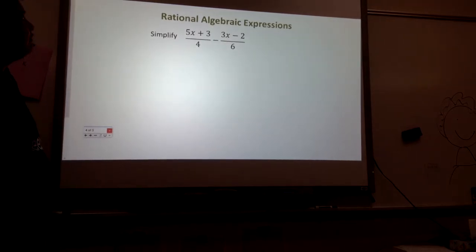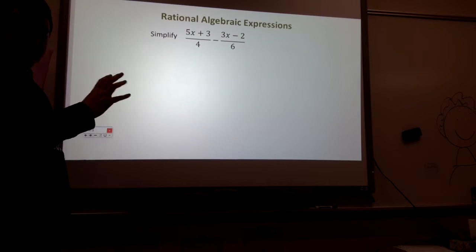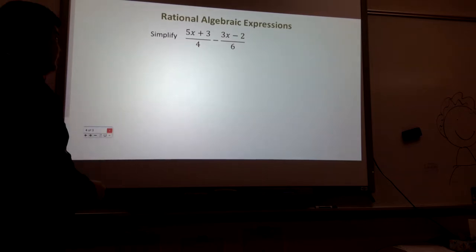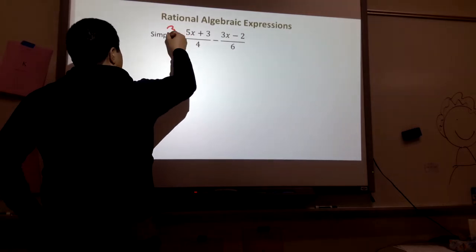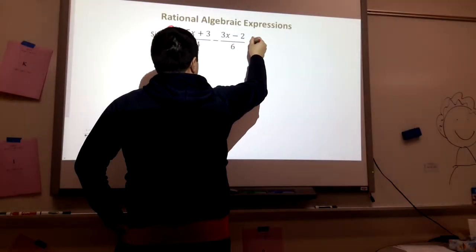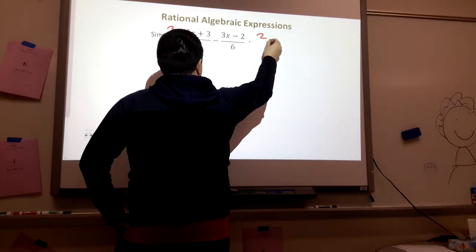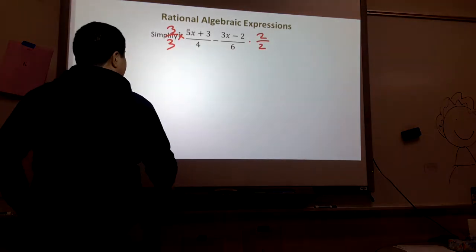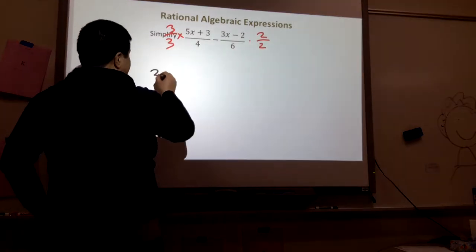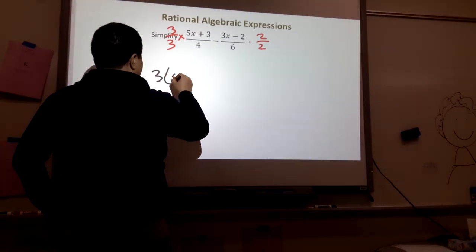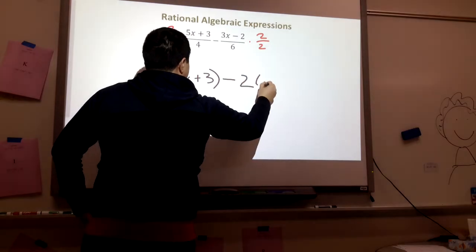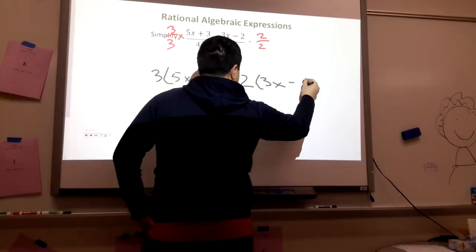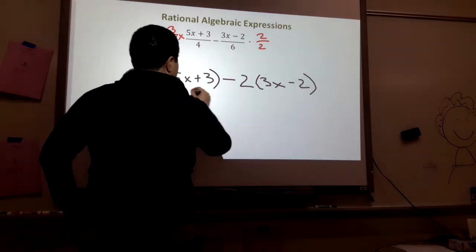The next one right here, go ahead and try this one out on your own. Be sure to include that middle step that we talked about. Our common denominator here is going to be 12, which means we're going to multiply this by 3 over 3. Multiply this one by 2 over 2. When we do that, we get 3 times 5x plus 3 minus 2 times 3x minus 2, all over 12.